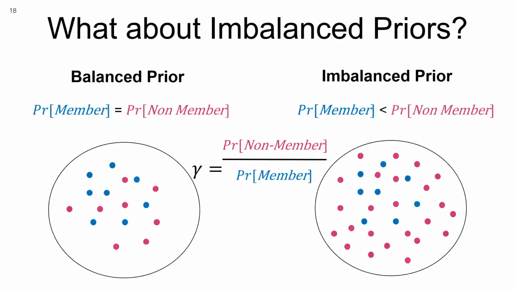Up until now, we have only discussed the results for the balanced prior case, where the adversary randomly samples members and non-members with equal probability from the universe of data points. We also performed experiments for the skewed prior setting by varying gamma between 0.1 and 10 and evaluated the effectiveness of all the attacks.